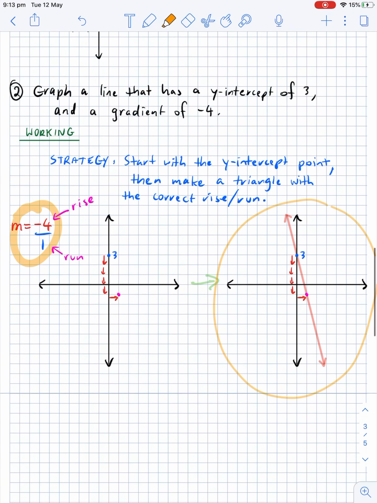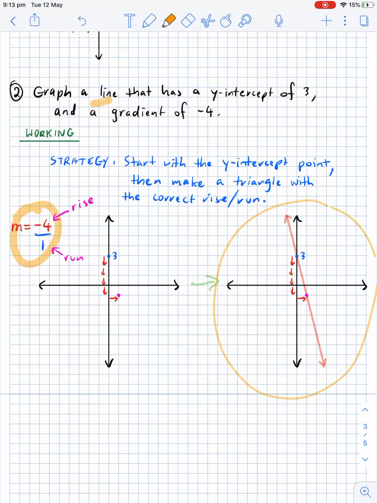Okay, let's do another. Graph a line that has a y-intercept of 3 and a gradient of -4. So we want to think to ourselves, how can we make a line that satisfies these two conditions? So the strategy is that you want to start with the y-intercept point of 3, and then make a triangle with the correct rise and run that matches this -4 gradient.